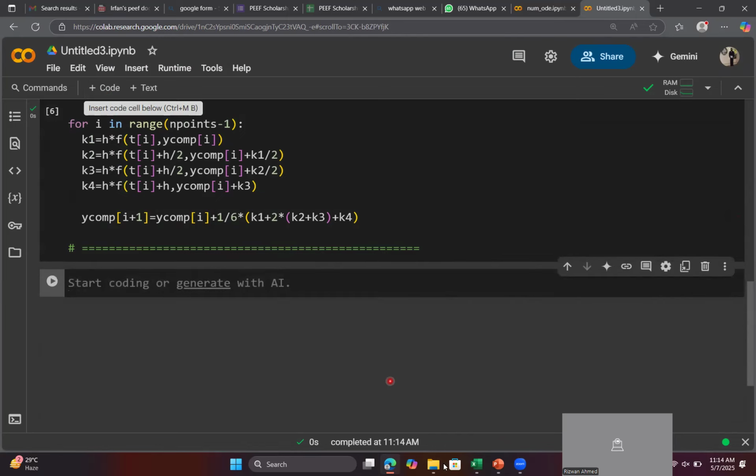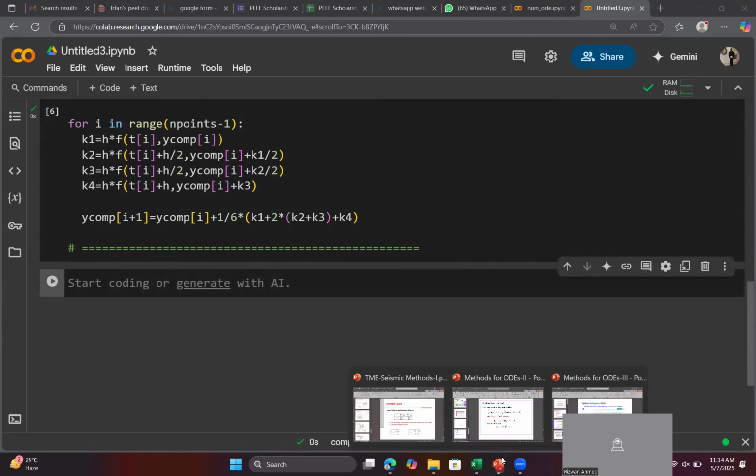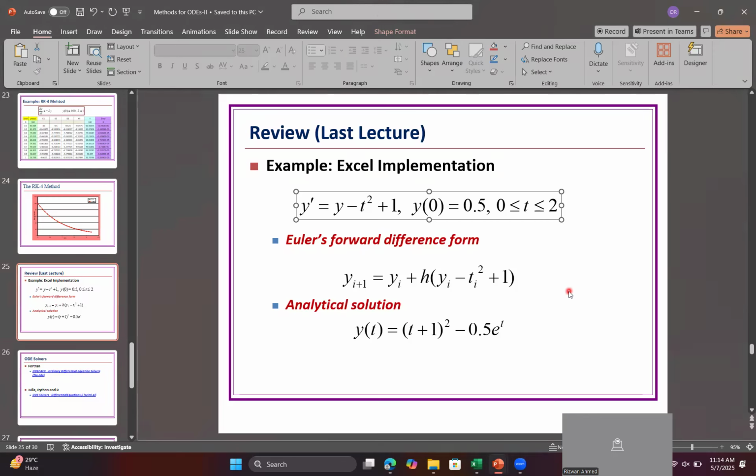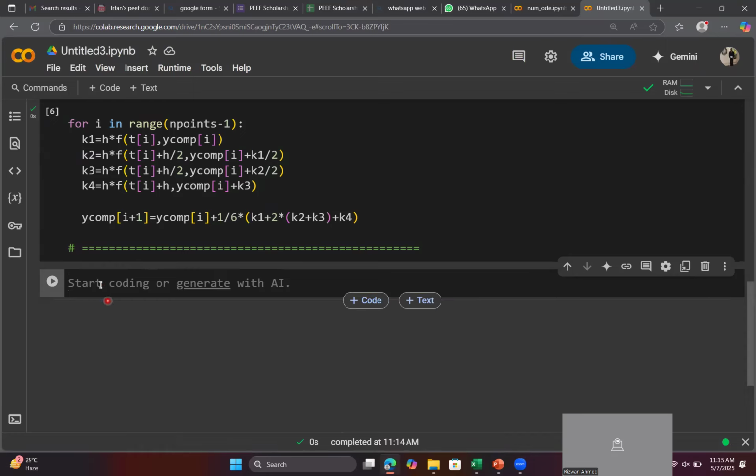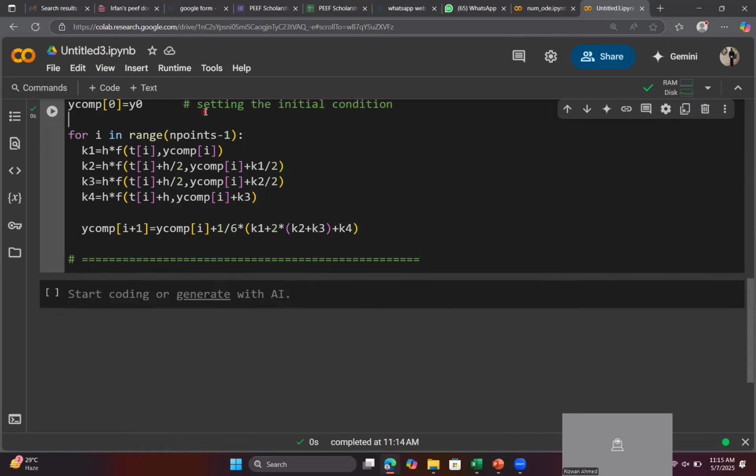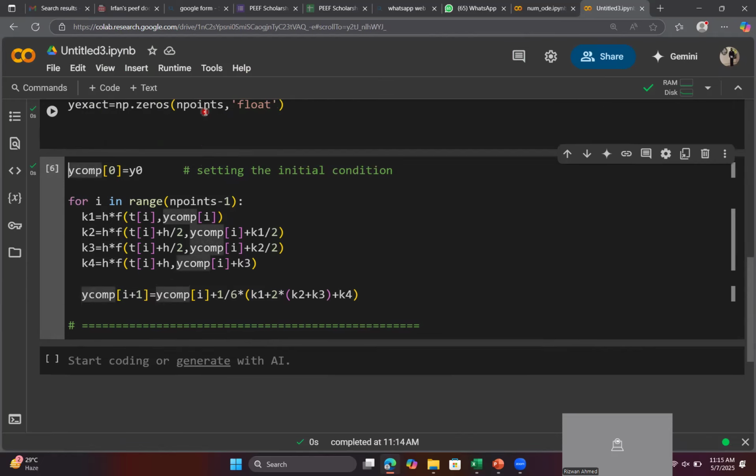Let's see the solution, the analytical solution from the notes. Oh yes, it is t plus 1 squared minus 0.5 times e raised to the power t. So why exact?